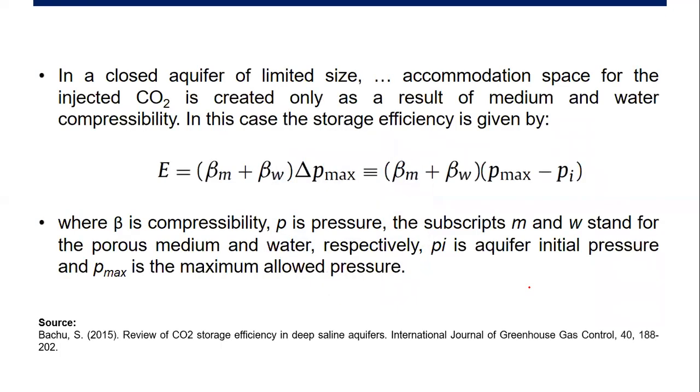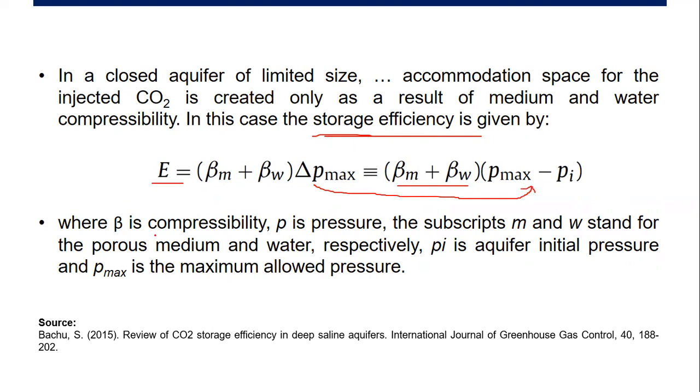Okay, let's check. So this is the first thing. In a closed aquifer of limited size, accommodation space for the injected CO2 is created only as a result of medium and water compressibility. In this case, the storage efficiency is given by beta M plus beta W, multiplied by delta P max, and the delta P max is maximum pressure minus PI.